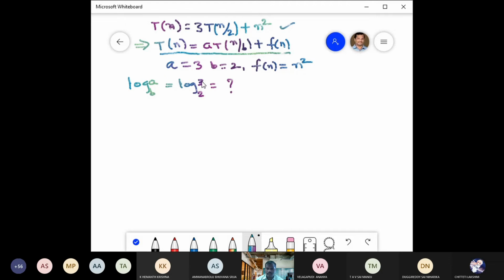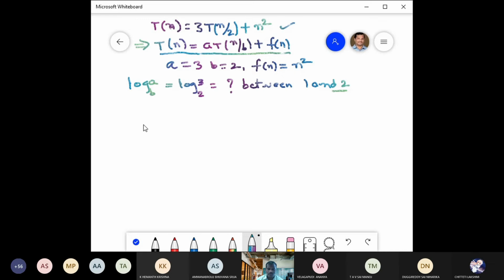If you take 4 here, it will be 2. If you take 2 here, it will be 1. So the value of log 3 to the base 2 is in between 1 and 2. Yes or no?